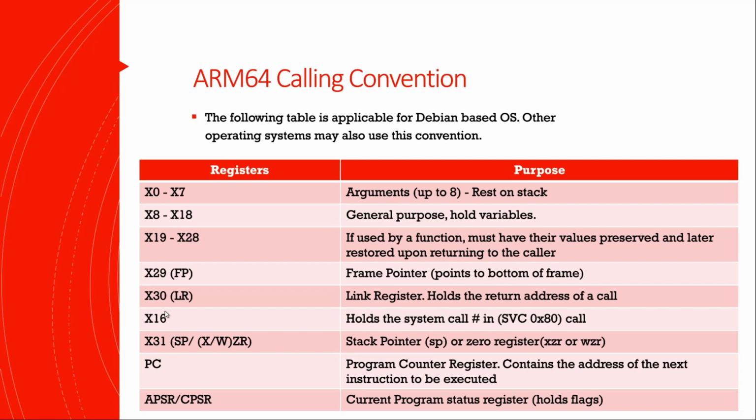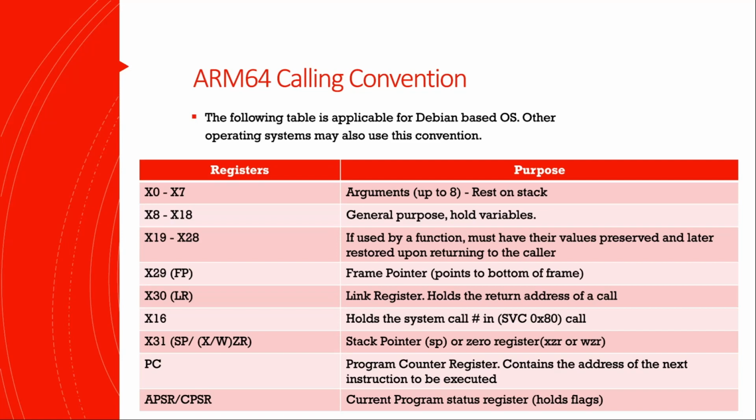Then we have X16. Why I have specified it here specifically is because sometimes it is used for holding system call numbers. In ARM64 we have the SVC instruction which we can use to perform any system call.